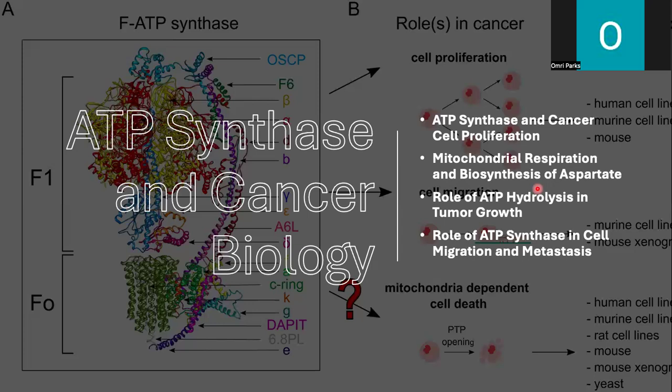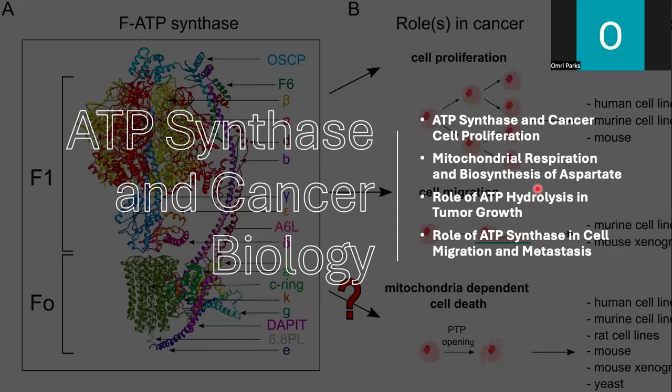But in certain liver cancers, the group found an expression of lower levels of the ANT2 transporter, and they also found that hypoxia results in G1 cell cycle arrest, suggesting that the role of ATP hydrolysis in proliferation may vary across cell types.